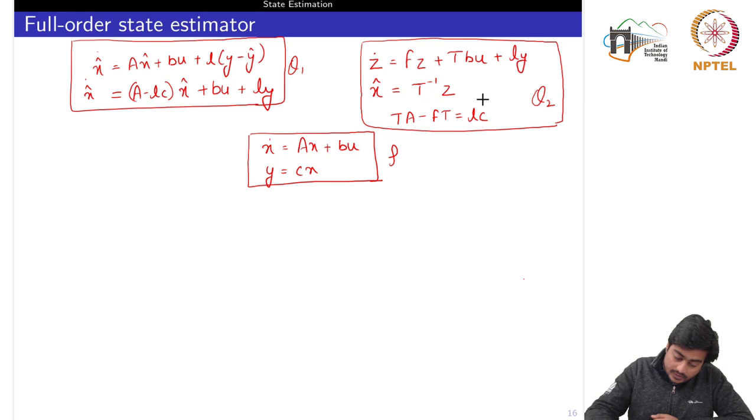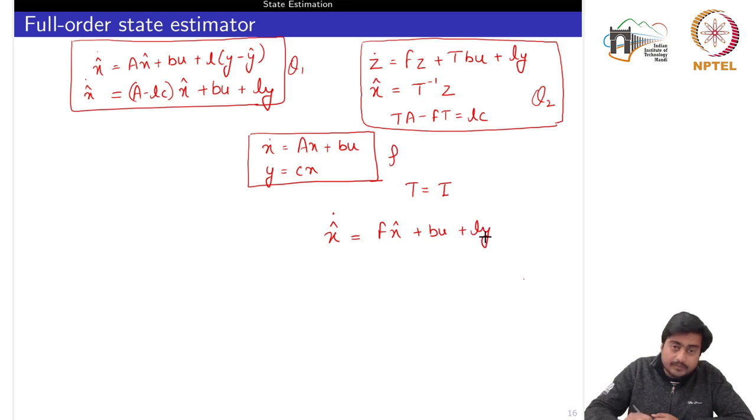Now in these two observer designs, you would also notice that if I put T equal to the identity matrix in this observer, then I would obtain x hat is equal to z, and then I can replace the state equation of this observer as x hat dot is equal to F x hat plus B u plus L y.